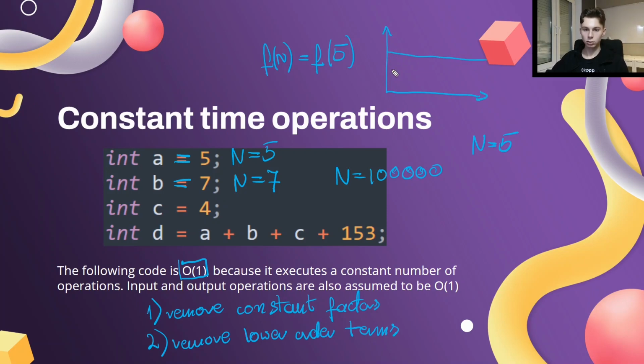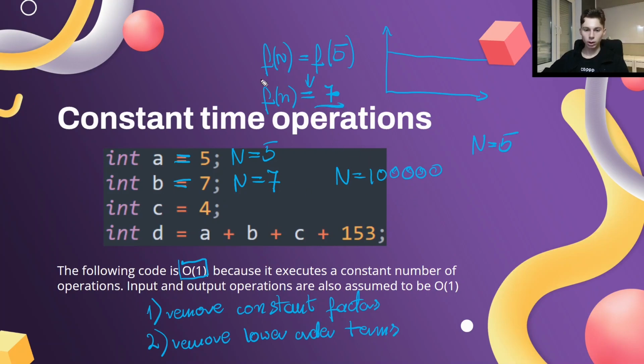It will be a straight line. It will have the definition like f of n is equal to, let's say, 7 operations. Even if n is equal to 1 million, we would do just 7 operations.